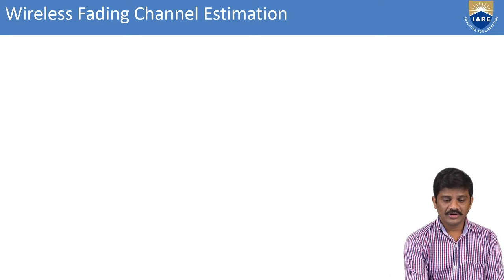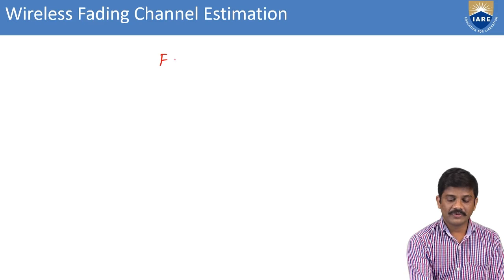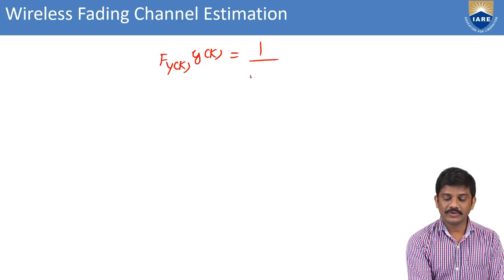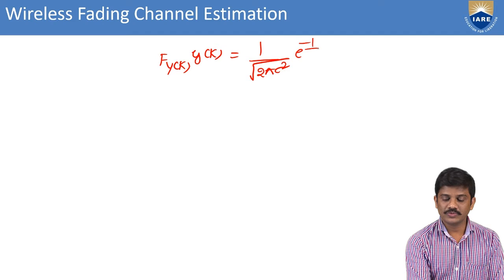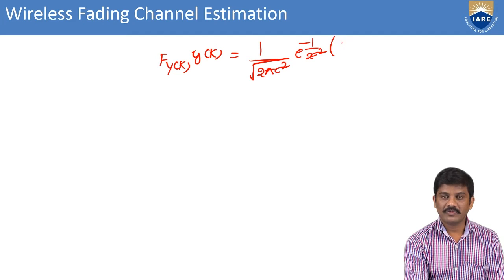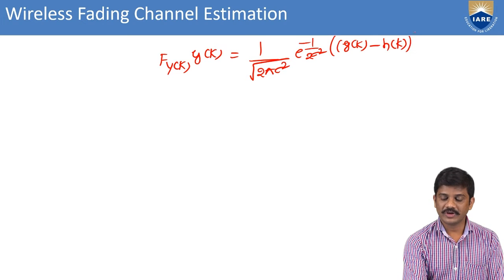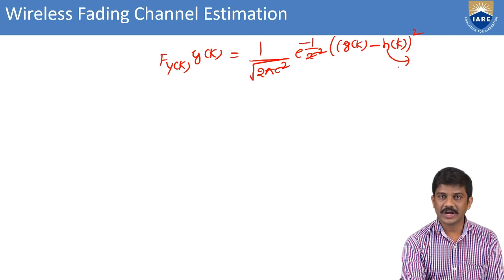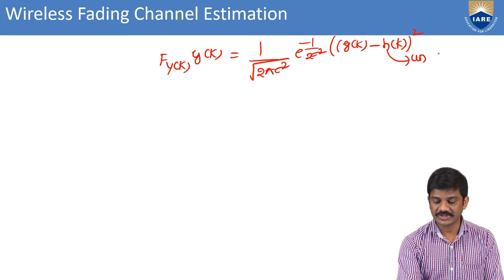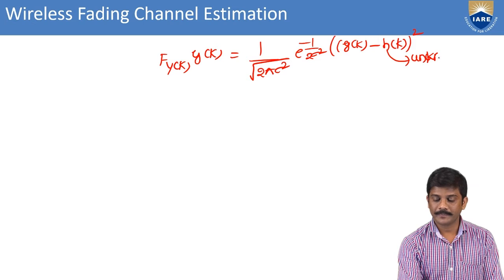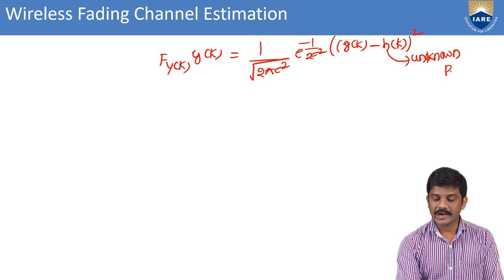Coming to here, we are considering f of y of k equal to 1 by under root 2 pi sigma square e power of minus 1 by 2 sigma square (y of k minus h of k x of k) whole square. Here h is the unknown parameter in the channel estimation.